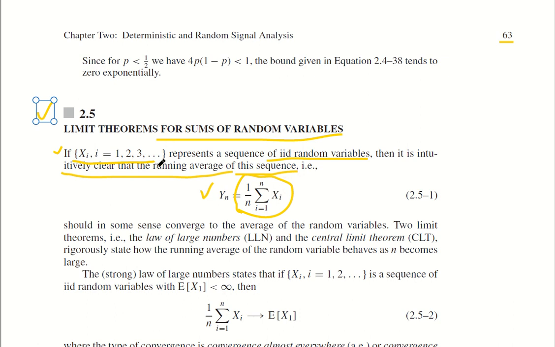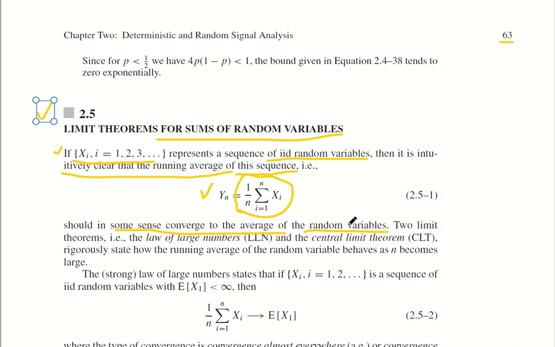This average of random variables is very common. We see this on many occasions. Okay, so we are interested in the statistical properties of the average. So in some sense it converges to the average of the random variables.